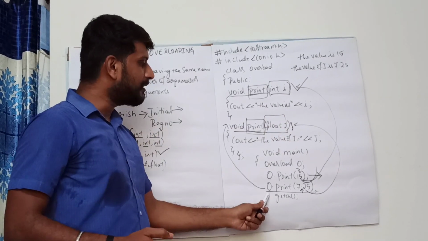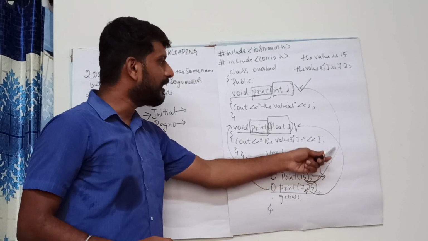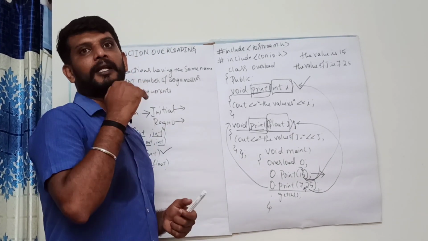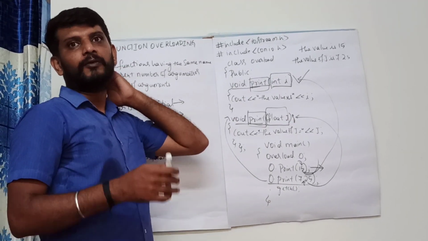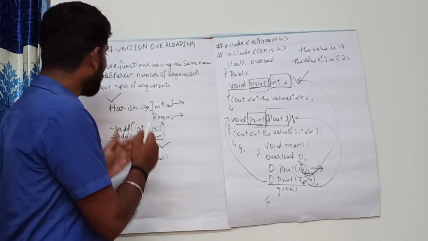When you call the function by passing the floating point as an argument, it will check which function is having the floating point variable as an argument, and execute that function. So this is the basic ideology.